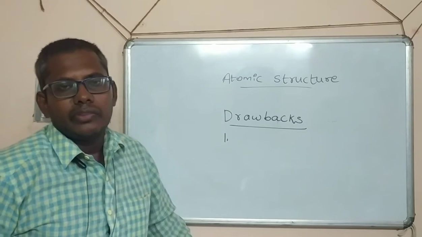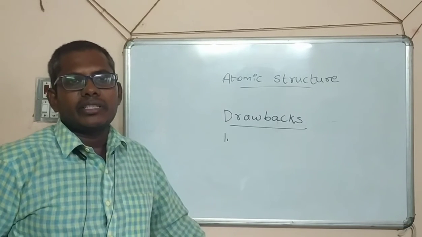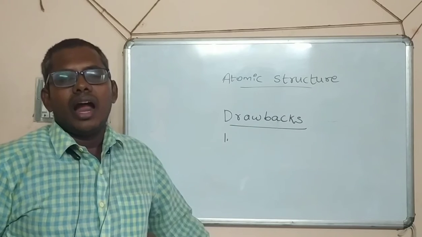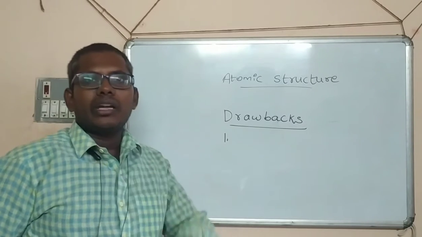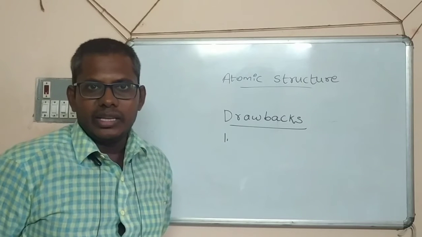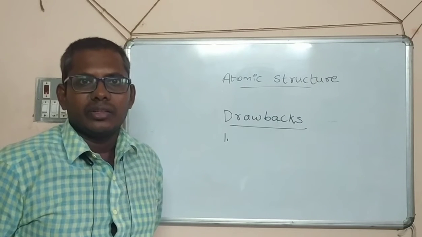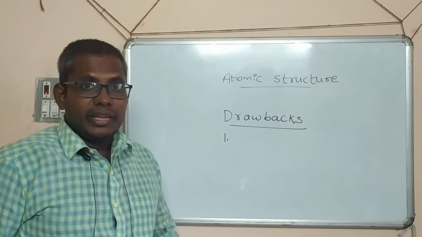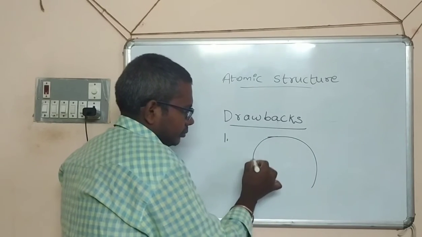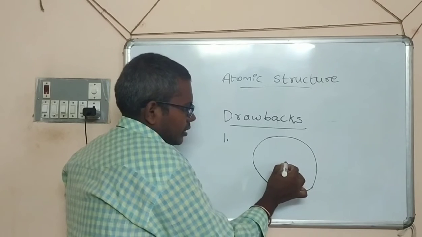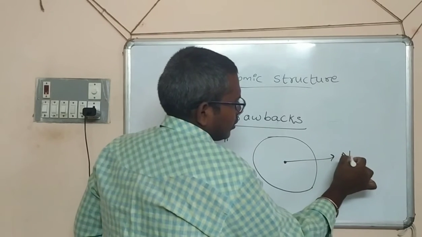At the starting of the class, when I started atomic structure, I said that the center point of the atom is called the nucleus. For example, this is an atom, and this is called the nucleus.